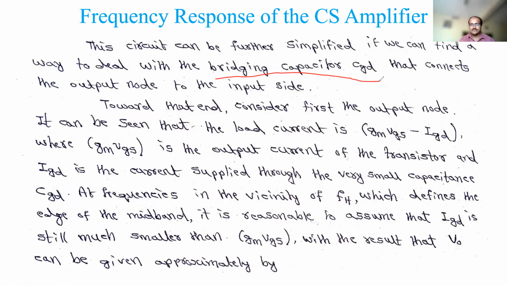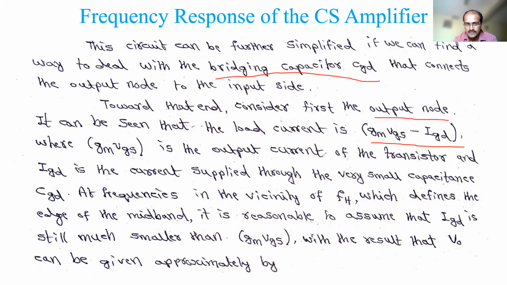This is something new, so in that direction we'll work now. Consider first the output node. What is the output node? The drain side. It can be seen that the load current, meaning the current flowing through the load resistance, which we call IL or sometimes I0, is given as gm VGS minus IGD.